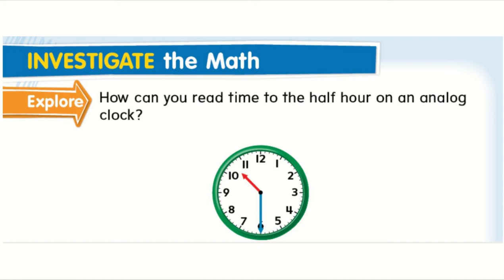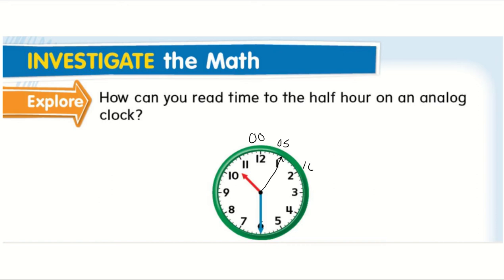When we're actually looking at a clock here, boys and girls, we know that when we look at the minute hand, we have 0 minutes when we're up at the 12. Whenever we get it to the 1, so let's say that minute hand was pointed directly at the 1. Every time that one of these numbers goes by, so 1, 2, 3, 4, 5, it's actually going by 5 minutes. So every time the minute hand gets to the 1, it's 5.